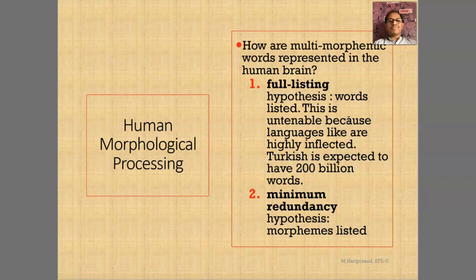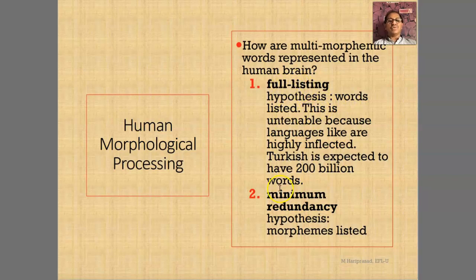Okay? So, for example, let's say we have a word like keep. The word keep has different forms. Keep, keeps, kept, keeping. Right? Now, these four forms are not listed in the brain.